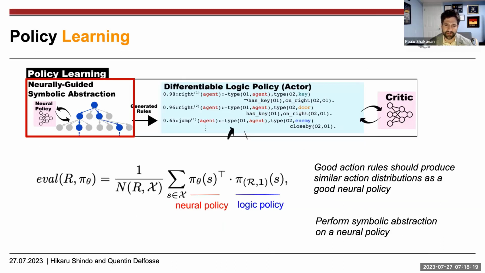Yeah, I actually had a quick question or maybe comment. If I understand right, the neural policy is operating on the same state space as what you showed in the previous slide, which is symbolic.